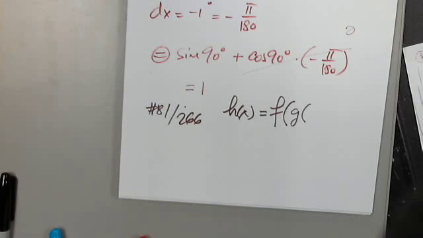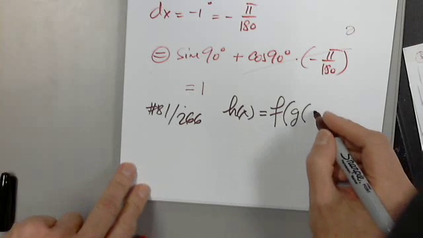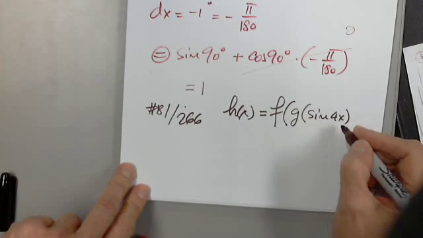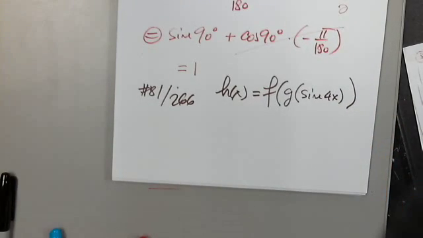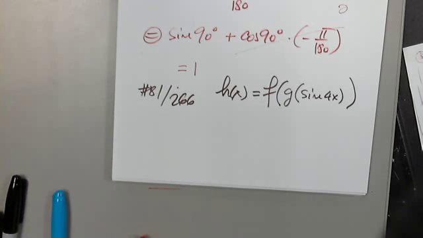81 on page 266, in which we have a function h of x equals f of g of sine 4x. We're asked to find h prime in terms of f prime and g prime.